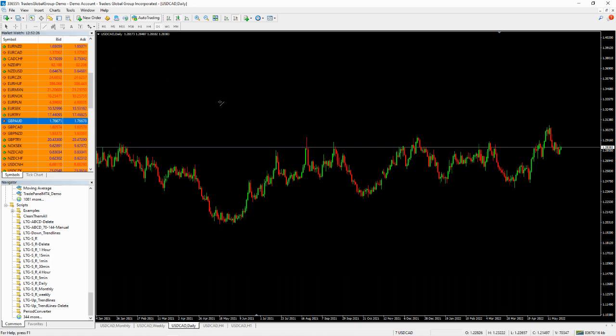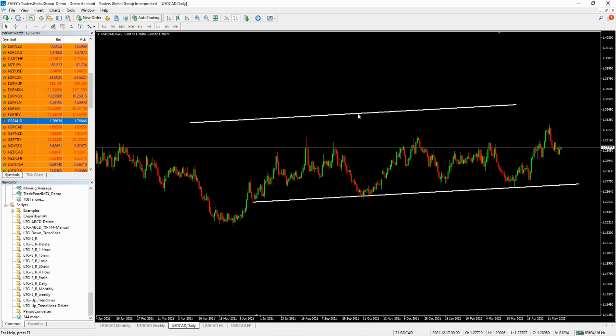What we need to do is find a point that is being hit regularly, and then essentially connect. We want to try and find something that doesn't go through the bodies and hits multiple times. You can see there, that looks like quite a nice line, and then we can duplicate that.